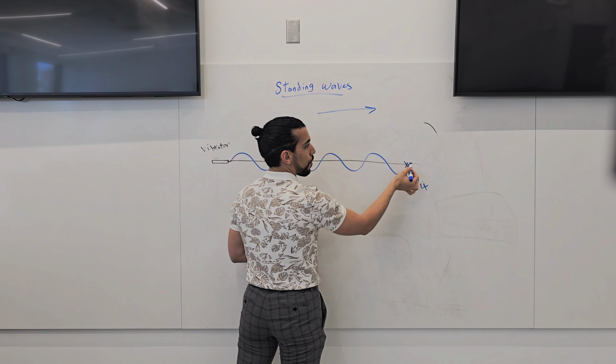We take this string and we tighten it and we kind of pull it from the fixed point. And in our case, we are going to have a pulley. And this string is going to go around it. And this is going to be the second fixed point of the string.